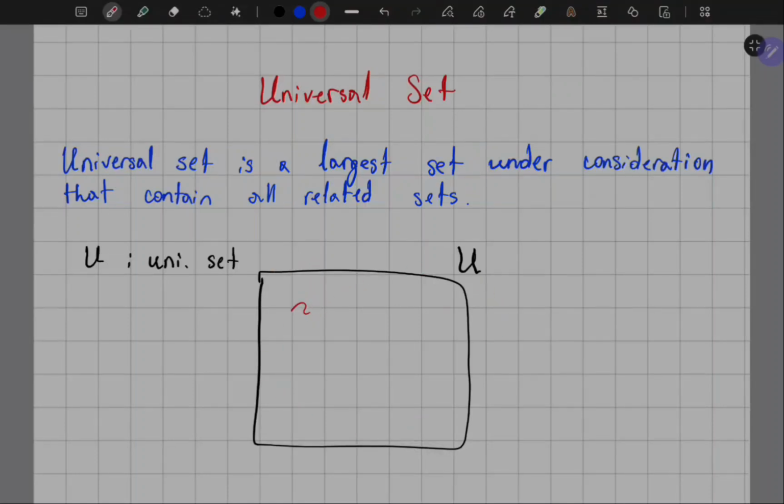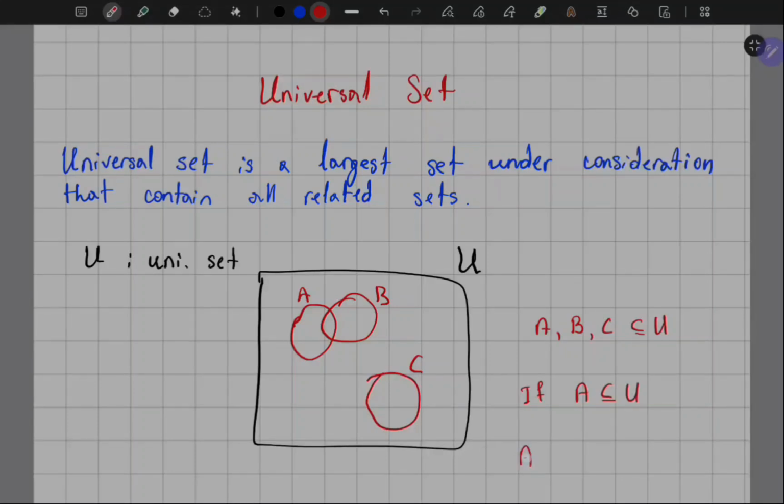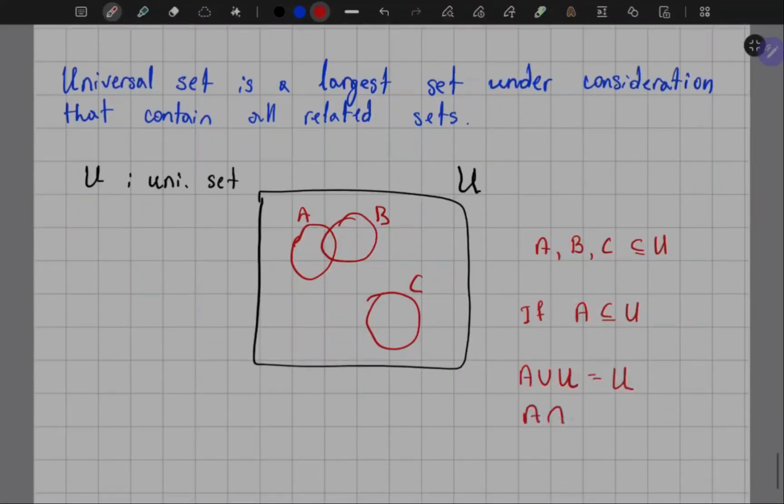Inside our set U, we have sets like A, maybe set B, maybe somewhere here we have set C. Here sets A, B, and C are subsets of our set U. And if A is a subset of U, then A union U equals U, and also A intersection U equals A. These two are important, but we will focus on that later.